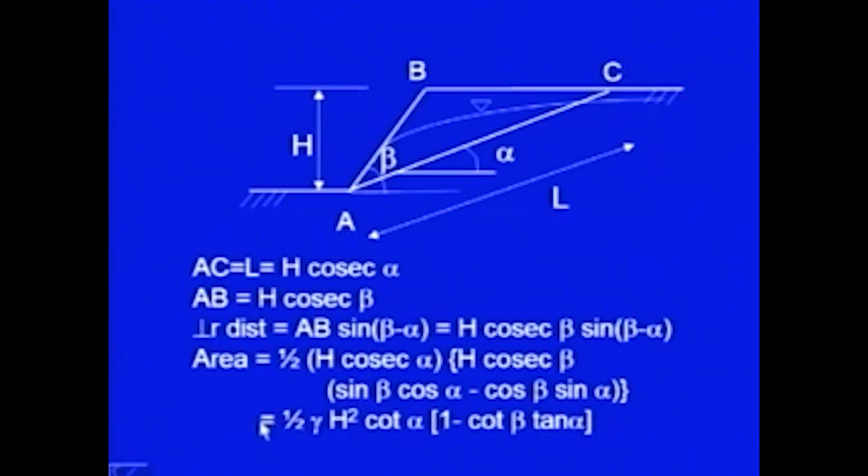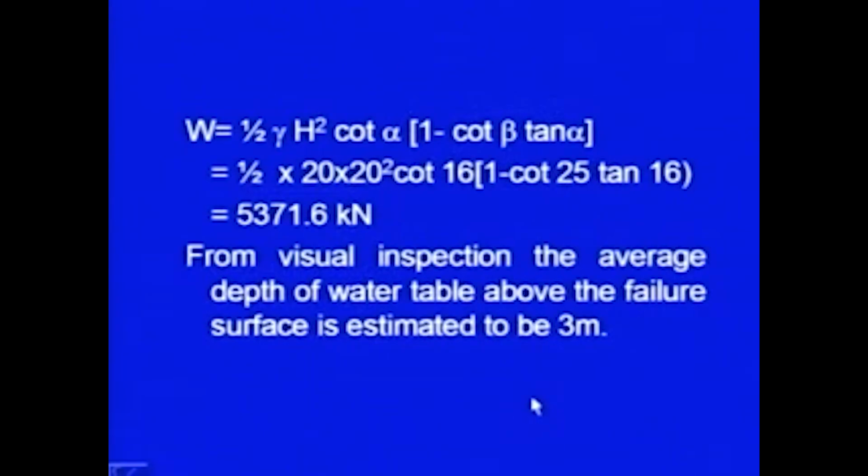And finally, when I simplify it, I get a very simple expression. Area is equal to this; this is the weight. In fact, you have to multiply it by gamma also. So, weight is equal to half gamma h square cot alpha into 1 minus cot beta tan alpha.